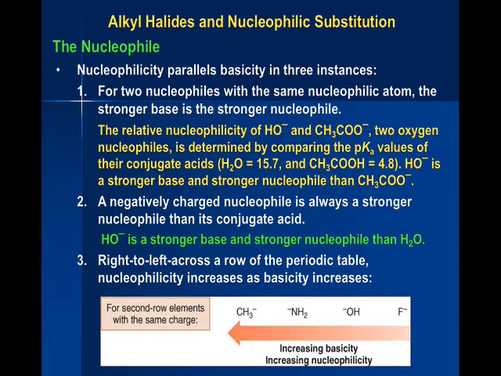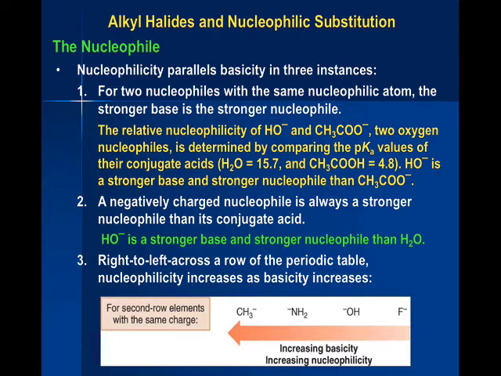Does that make sense to you all looking at that? And why does that make sense? Why would F minus be a worse nucleophile than hydroxide? That's right. Fluoride being electronegative, it wants to hold on to its electrons. It's stingy. It doesn't want to share them.